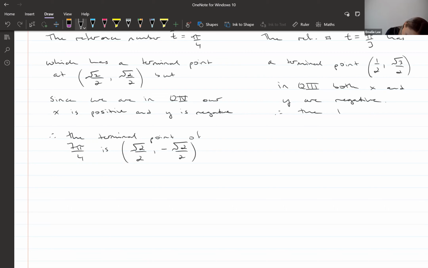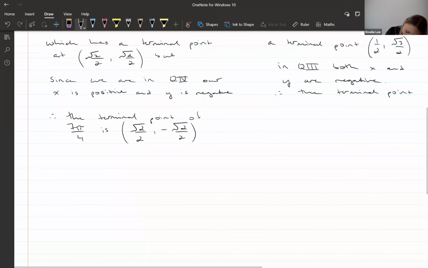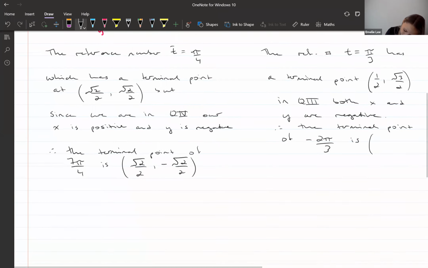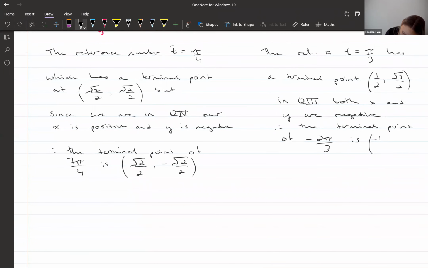Therefore, the terminal point of negative 2 pi over 3 is negative 1/2, negative root 3 over 2.